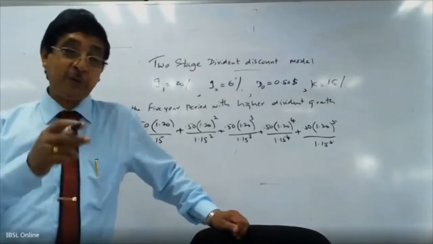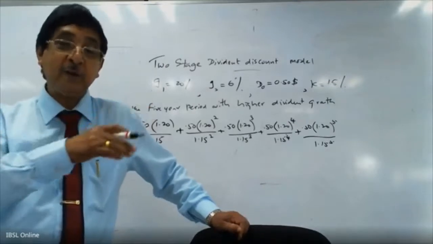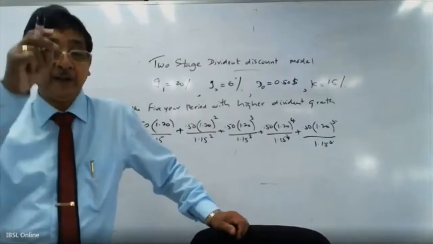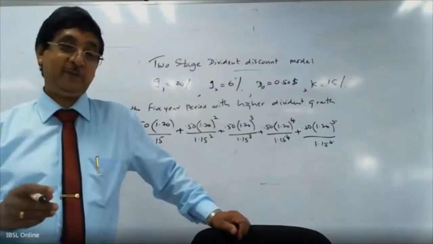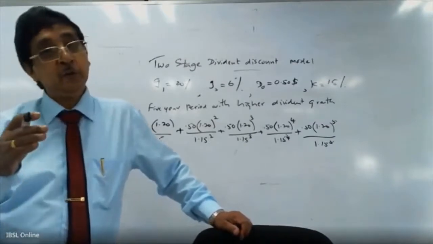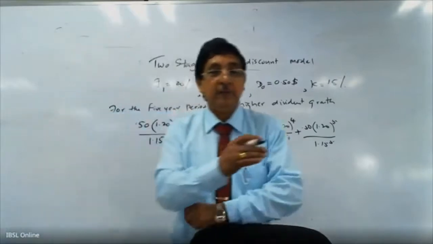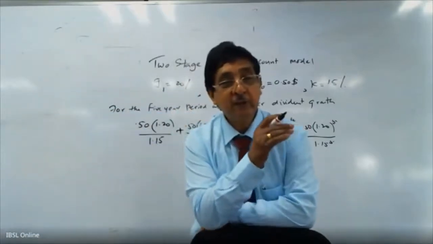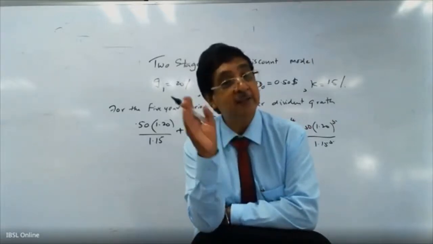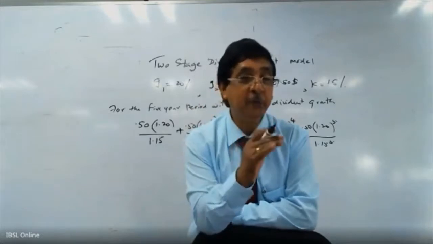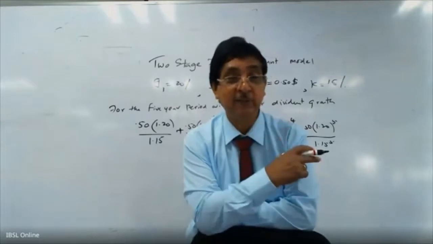Now we go to the end point, that is the end of the 5-year period. At that point, we look at the price at which it would be sold. When you end the 5-year period, the company reaches a situation where the dividend growth rate is not as high as earlier. It has come down to a lower level, 6% in this particular case.